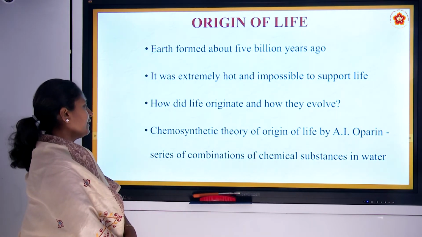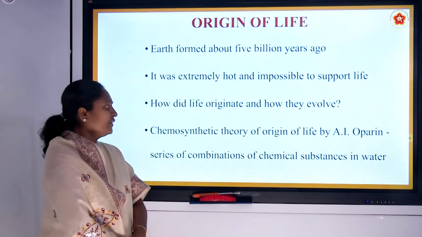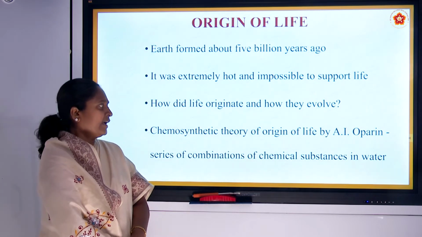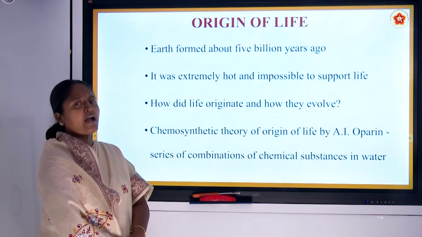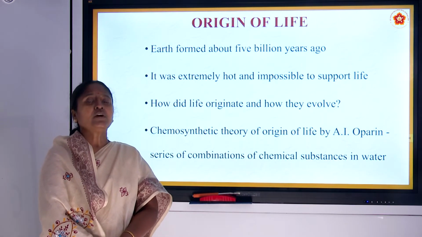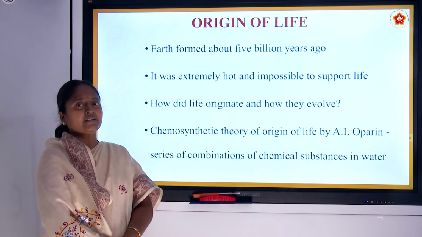Here what he is telling is that many different kinds of chemicals combine and form a substance in the presence of water, and because of all those combinations the organisms originated on the earth's surface.